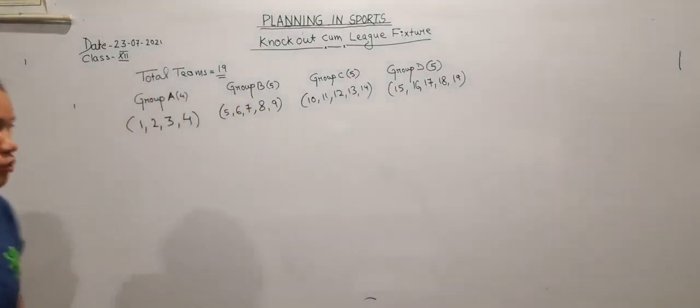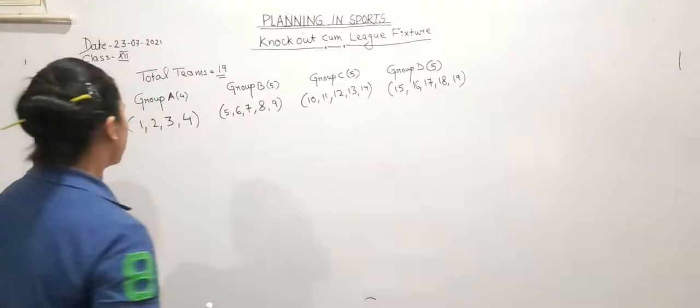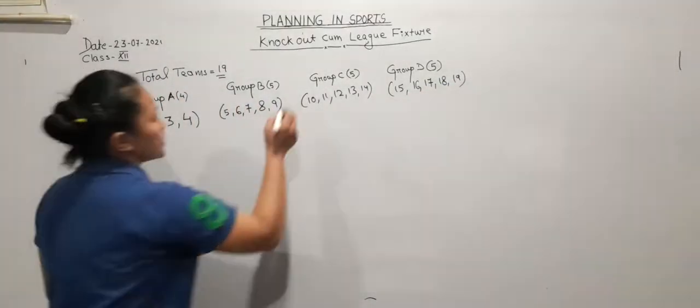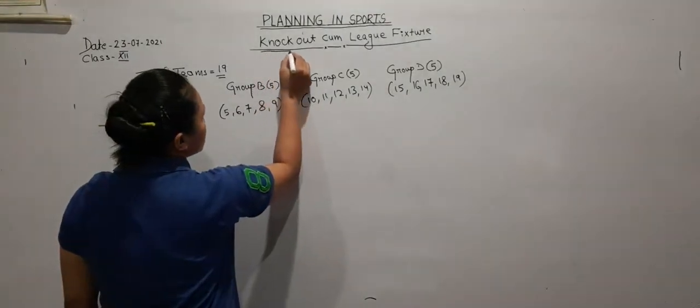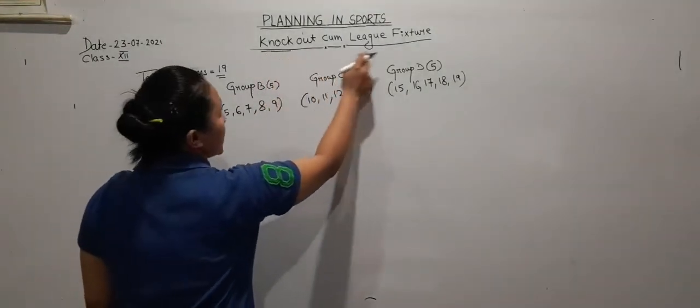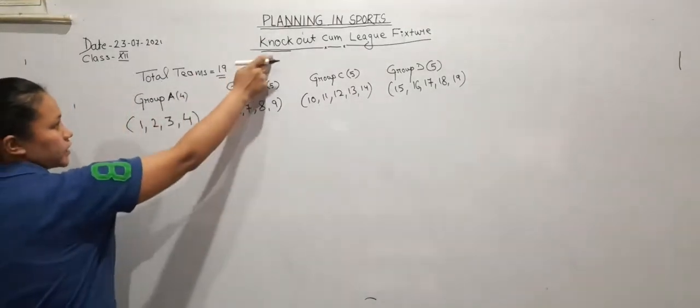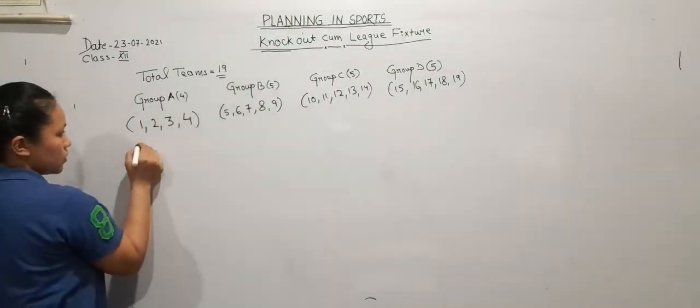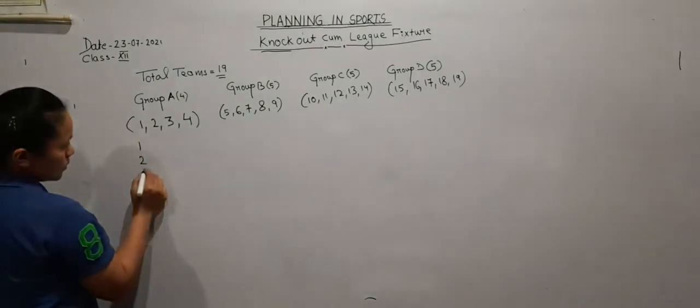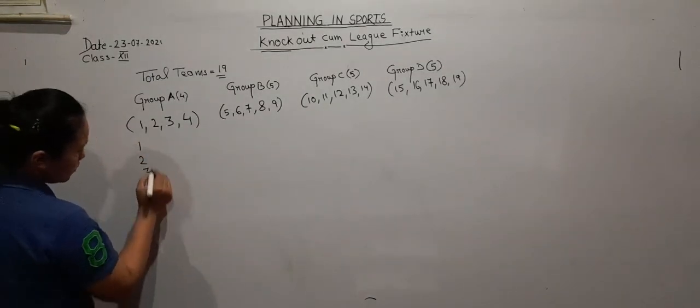First step, we have to divide the teams into 4 groups. Since the tournament is knockout combined league fixtures, first draw the fixtures according to knockout. 1, 2, 3, 4.